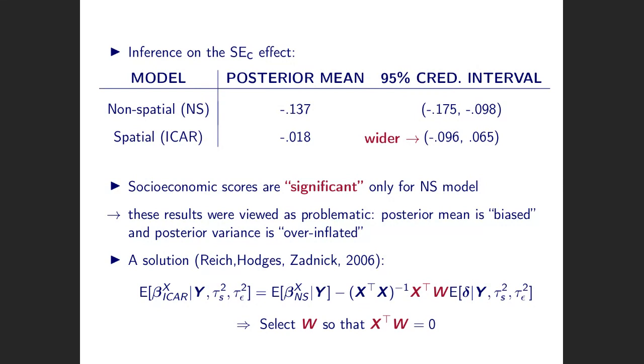And what they wanted was for these two posterior means to be the same. And so they suggested selecting W, which is the spatial basis, so that it is orthogonal to the column space of the design matrix X.